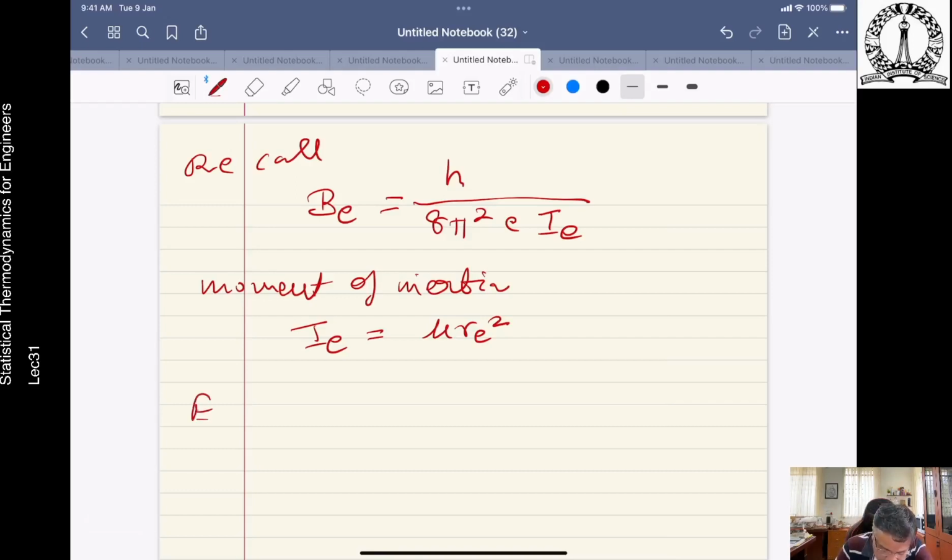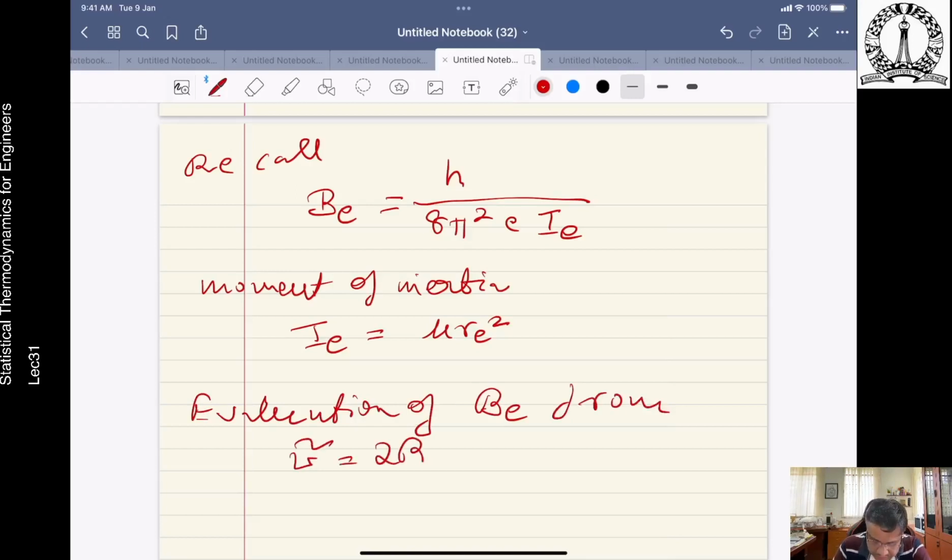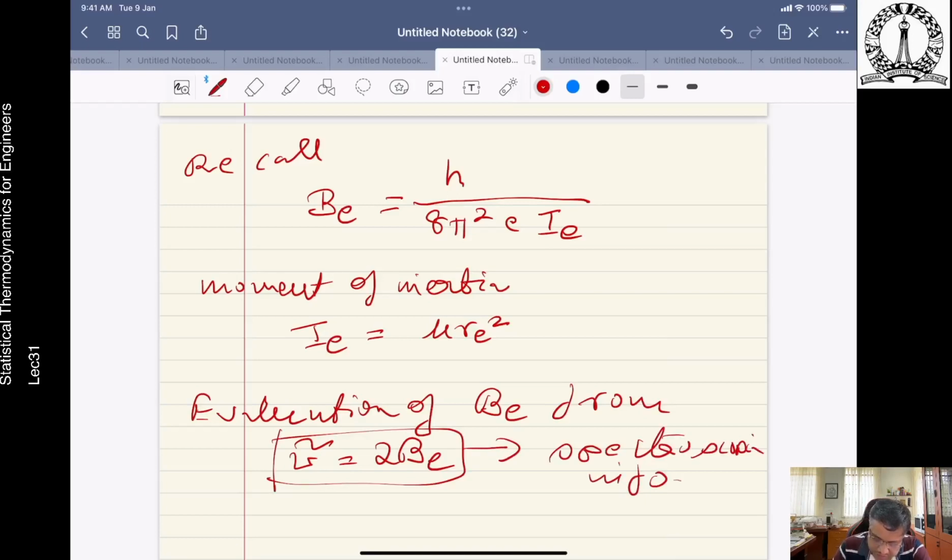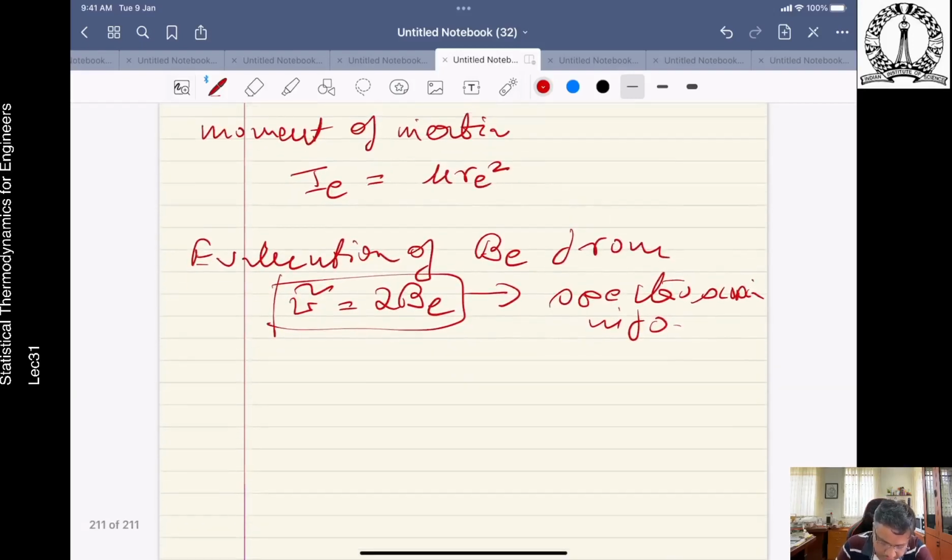So evaluation of BE comes from the spectrum. This is spectroscopic information. Right. So this enables us to evaluate.